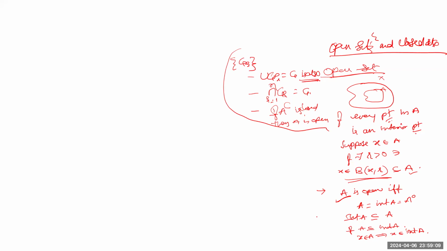And also the contrapositive of this statement, right? You can take one point x belonging to A which is not an interior point of A. Then automatically the interior of A is not equal to A. Hence A is not open. This is also possible, right?